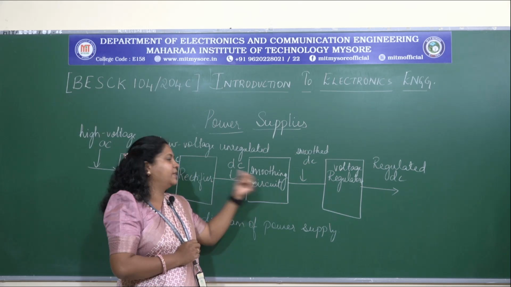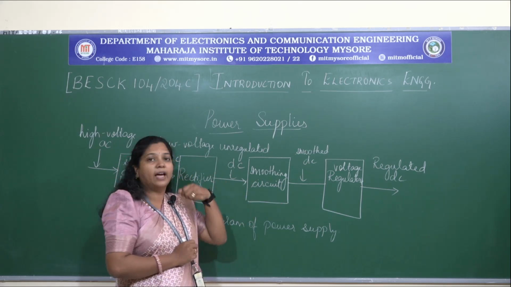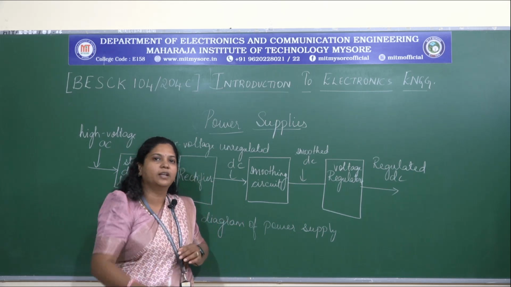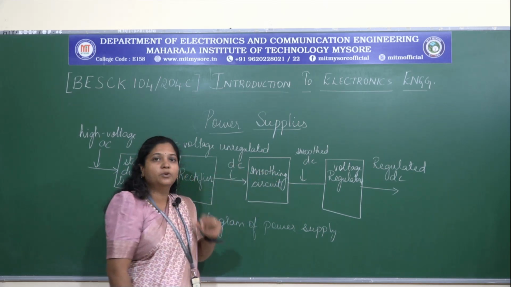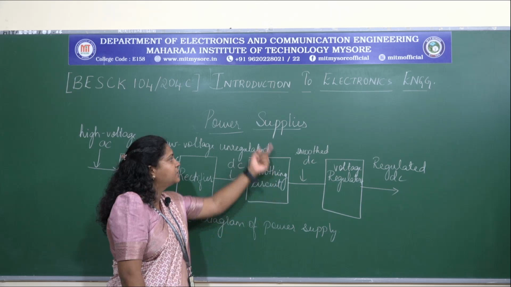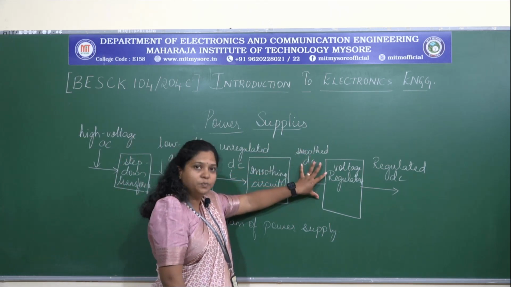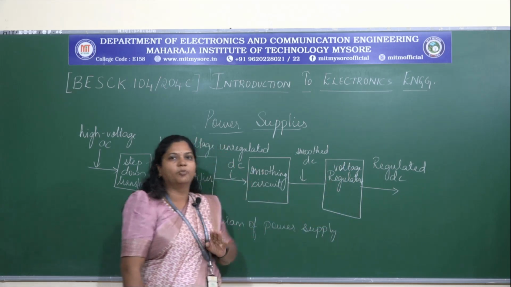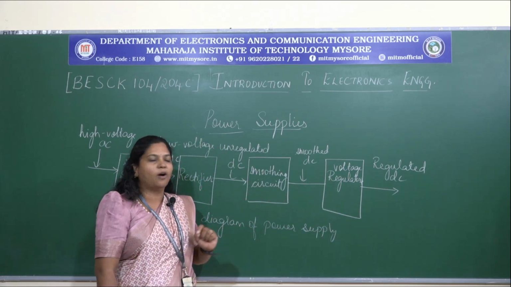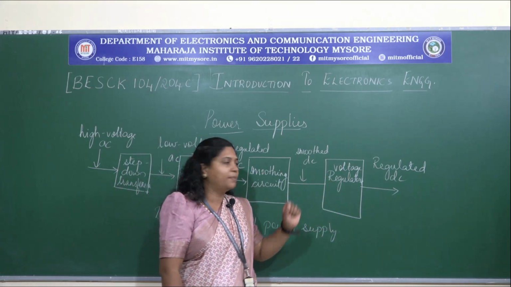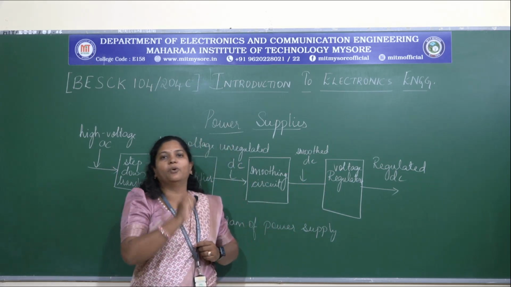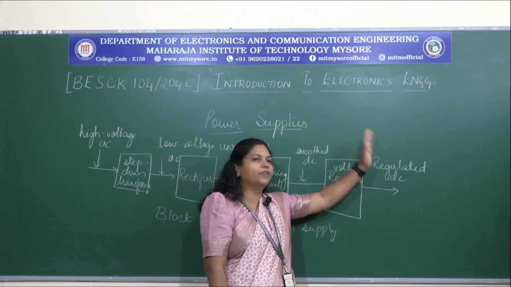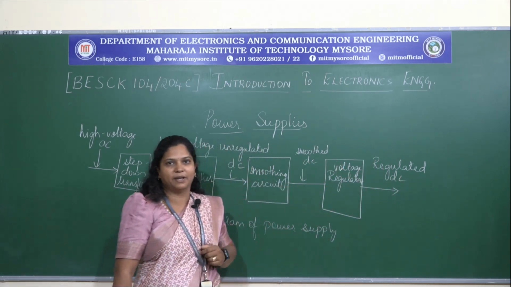Later we will discuss how we make use of the various elements to smoothen the waveform. After the smoothened DC output is available, we require a regulated output, and that is done by making use of suitable voltage regulators.